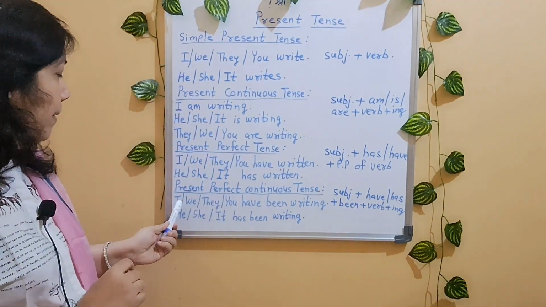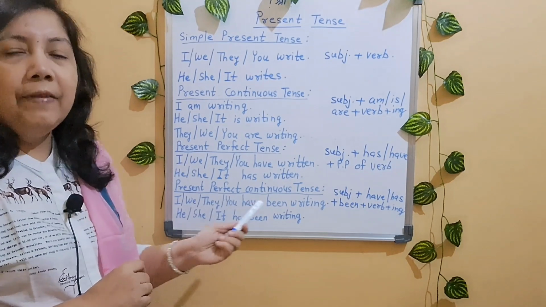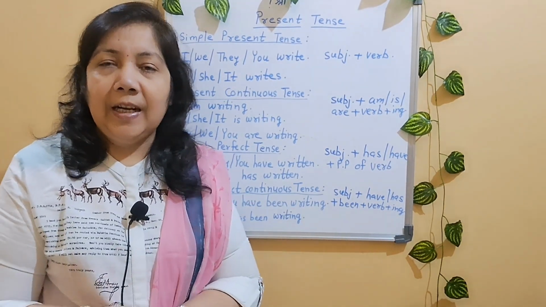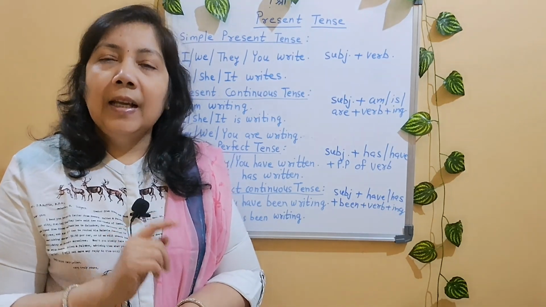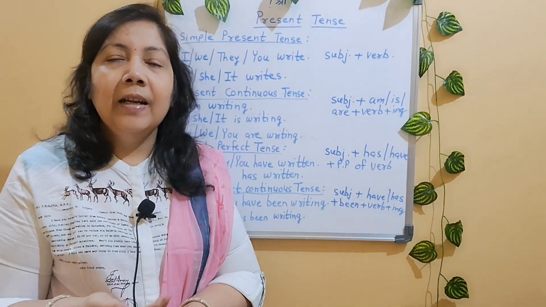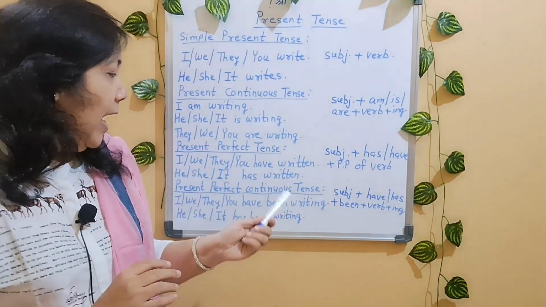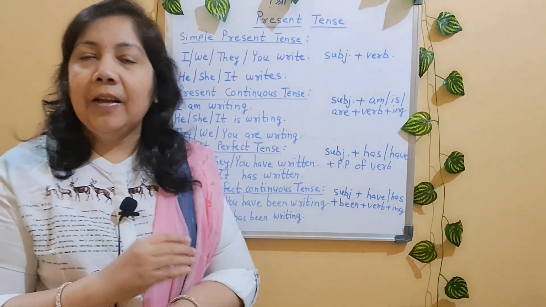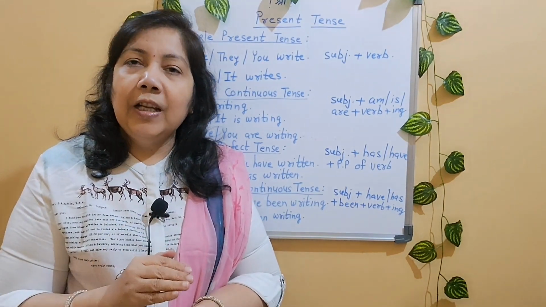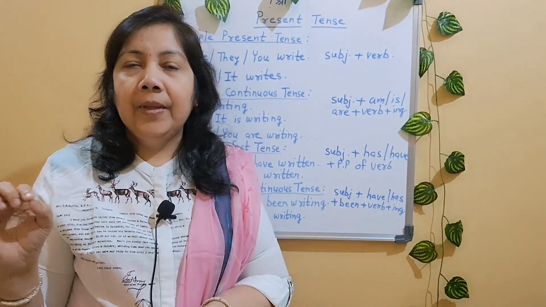Now here I have been writing, we have been writing, they have been writing, you have been writing, or he has been writing, she has been writing, it has been writing. This way it comes. And what does it indicate? This particular kind of present tense, it indicates that the action is going on for a certain period of time.